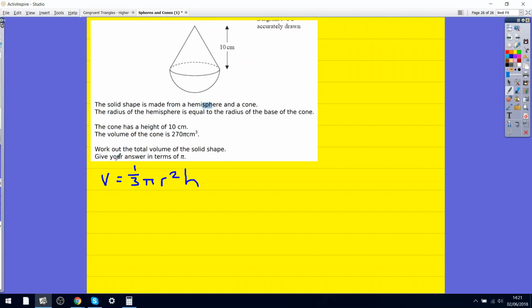So the radius squared is the volume over 1/3 pi h.